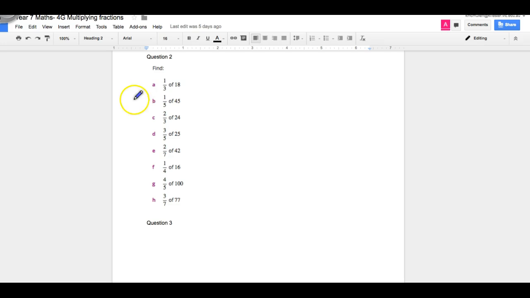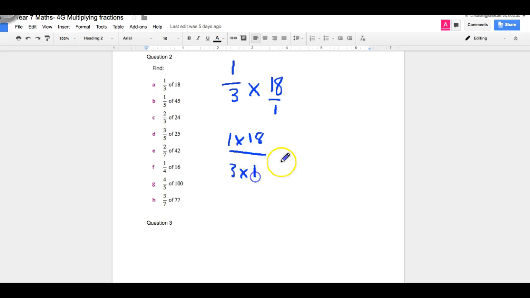So we're going to say, all right, to take 1/3 of 18, I just multiply. Now, you can see we have a fraction here, but we don't have a fraction here. But you can turn it into a fraction by just making it 18 over 1. So now I have on the top 1 times 18, and on the bottom 3 times 1.